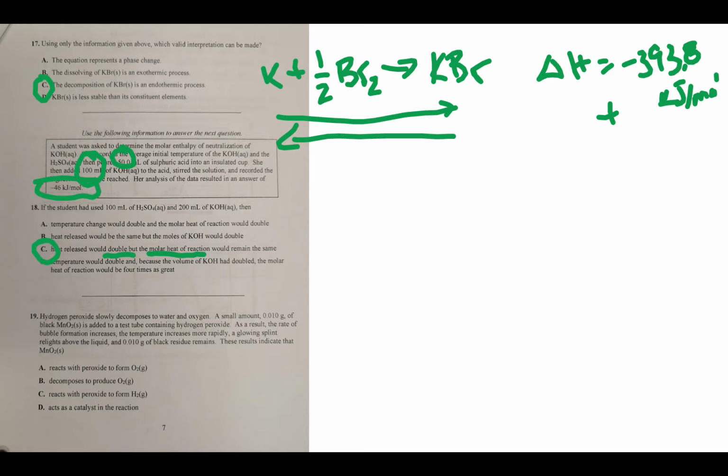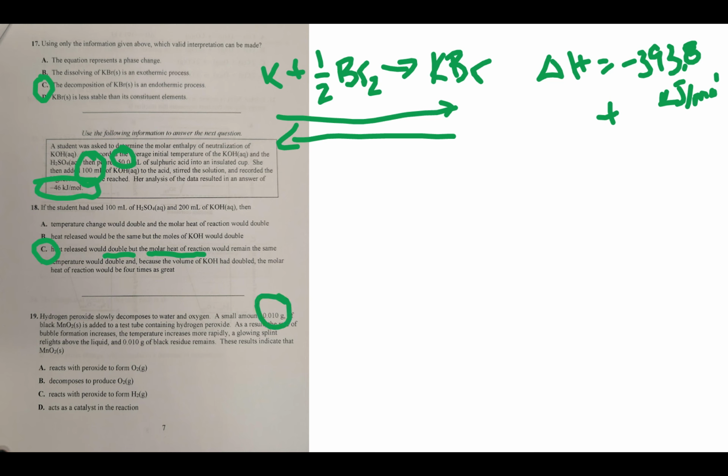This next one, when you're reading it over, we have this information of hydrogen peroxide, how it decomposes slowly into water and oxygen. And maybe some of you have seen this experiment in other chemistry courses. Often it's called elephant's toothpaste because you get this big amount of gas coming out. Anyway, not the point. But what it is telling you is that you're adding in a small amount of MnO2, right? 0.010 grams.